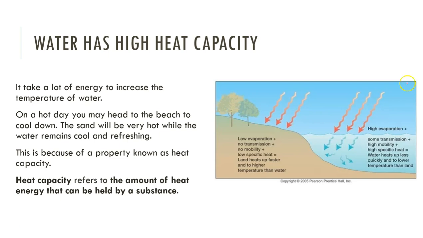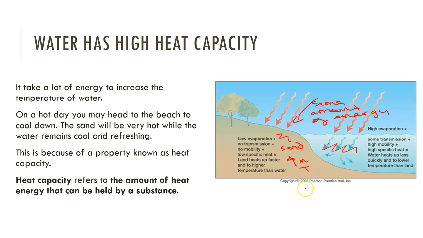That sand and that water have both had the same amount of energy from the sun. If they're both sitting out in full sun, then the water has had the same amount of energy hitting it as the sand does. But the sand will be much higher in temperature than the water.